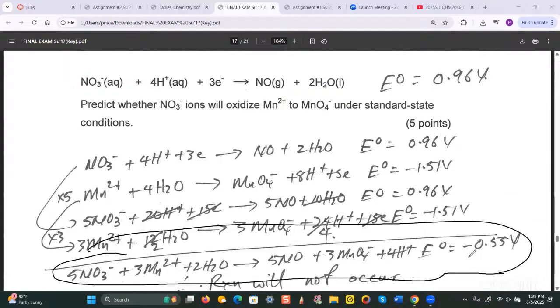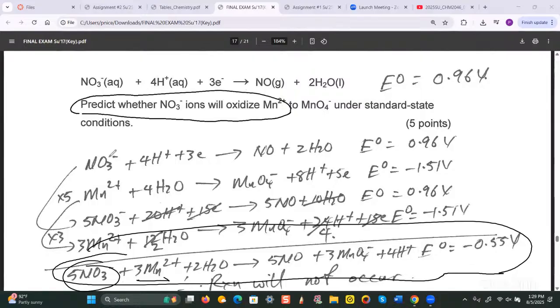Yeah, so if it was positive, then wouldn't the reaction occur? Yes, but that's the reverse reaction. What we're concerned about is the manganese undergoing oxidation by the nitrate. Remember, the question is asking, predict whether the nitrate ions will oxidize the manganese 2+.